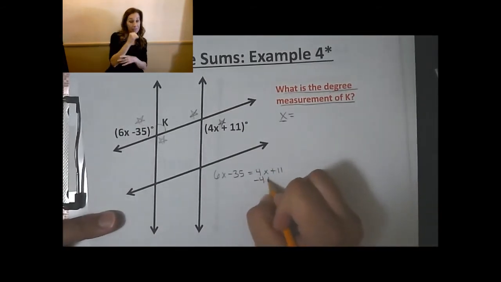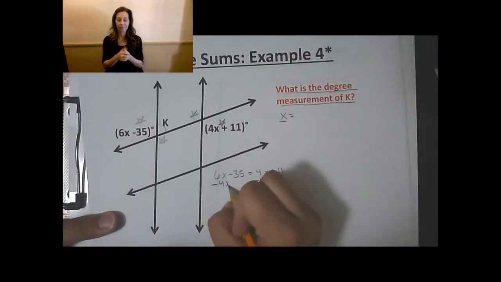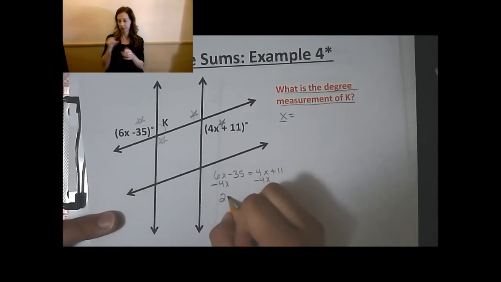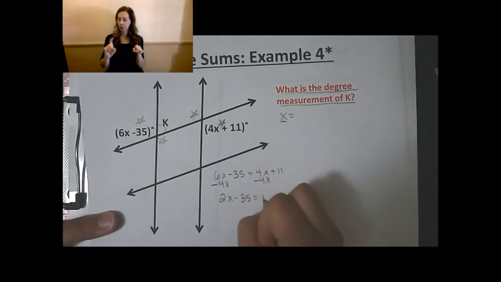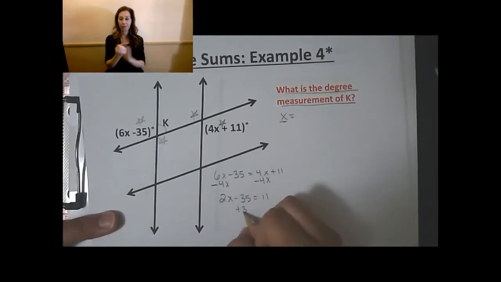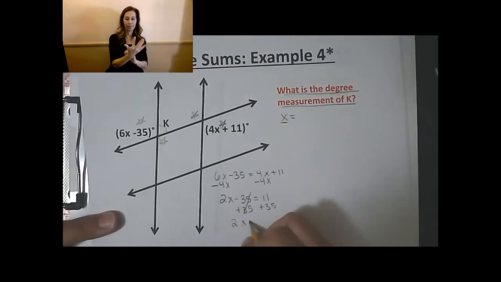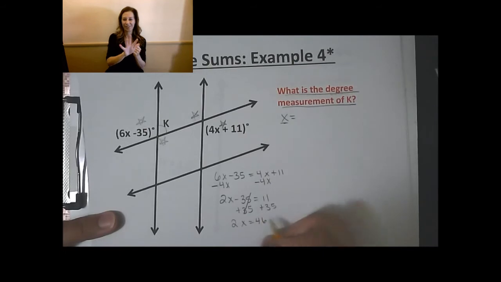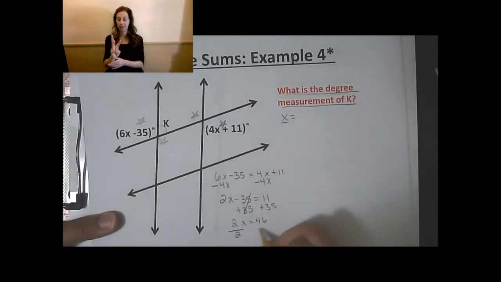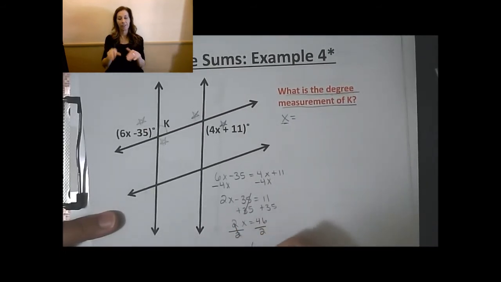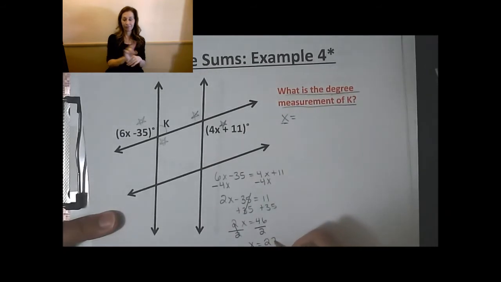Alright, so I'm going to subtract 4x on both sides. I get 2x minus 35 equals 11, plus 35, plus 35. 2x equals 46, divided by 2, divided by 2, x equals 23.